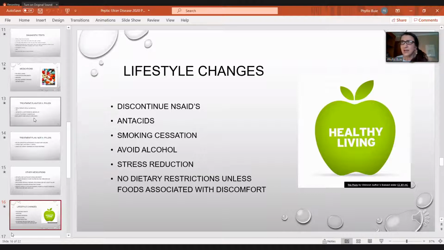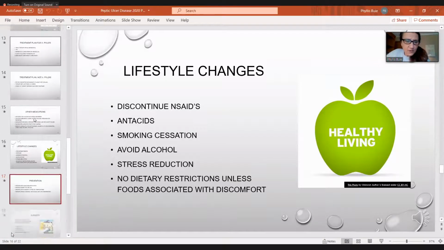So, like with a bland diet, that may be helpful at decreasing the symptoms, but what's going to be as helpful as anything is that patient avoiding things that irritate their stomach, whether it be hot, spicy foods or greasy foods or whatever. So those are things that we need to think about with these patients as well.